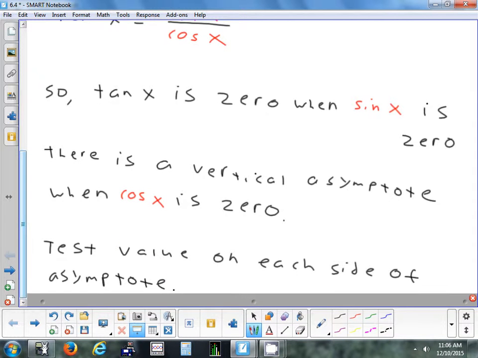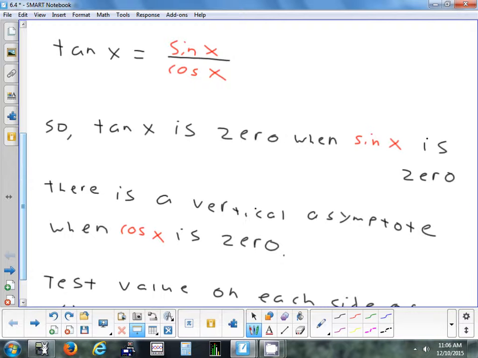Once we have our asymptotes, we can just test a value on each side. Usually when you get very close to the asymptote, you go up to infinity on one side and down to negative infinity on the other. So if the asymptote was 3, we would check 2.99 and 3.01.